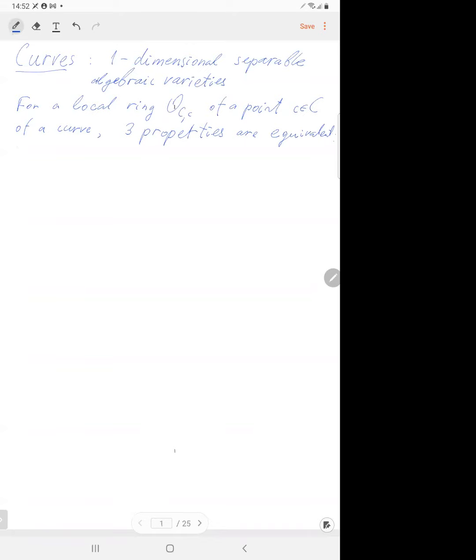First, that it is smooth. In other words, the dimension of the maximal ideal modulo its square equals 1. Second, that it is integrally closed.